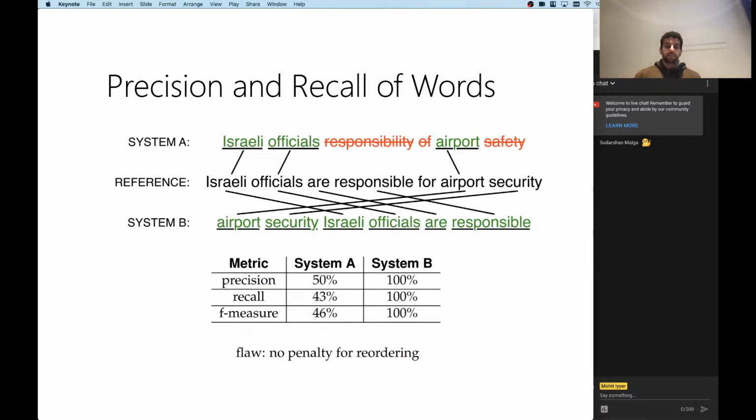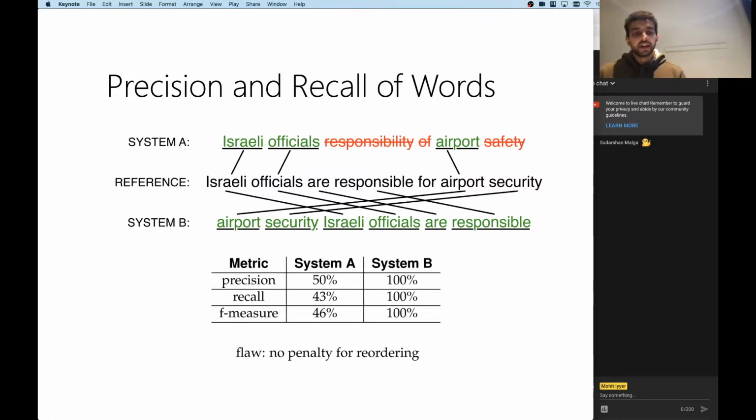Okay, so one of the other issues is that there's no penalty for any sort of reordering. So if I had system B, which output airport security, Israeli officials are responsible, this gets 100% precision and recall despite the sentence not being grammatical, right? Because all the words are present, they're just not in the right order.